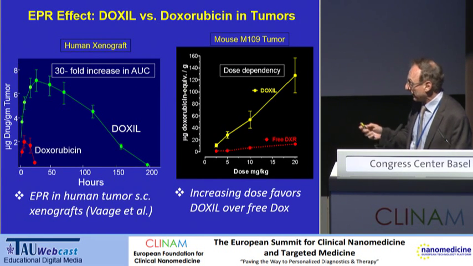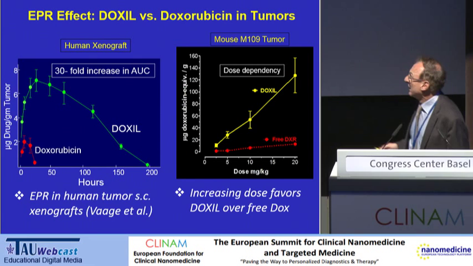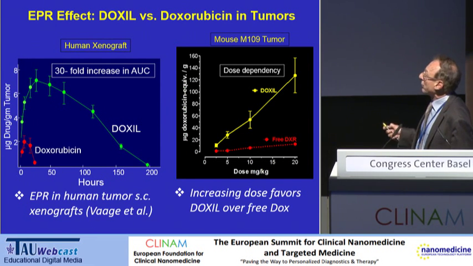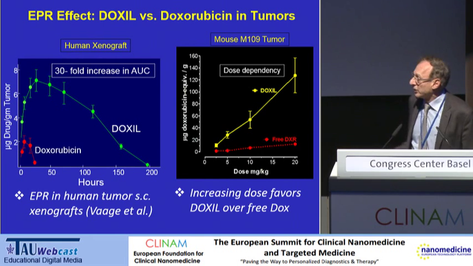But let me give you a few more facts that relate to the EPR effect. First of all, it has been shown also in human tumor xenografts, and this is one of many examples. There are tens or hundreds of papers. And there is another important thing. Increasing dose favors your nanoparticle, at least in the case of Doxil, over free doxorubicin.